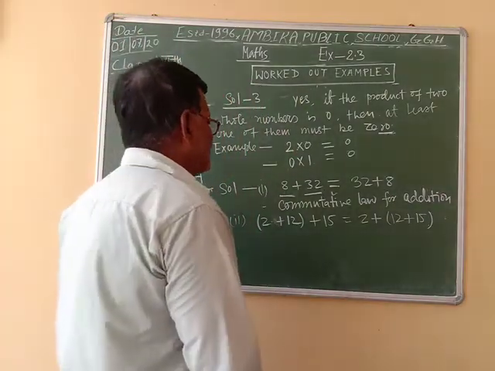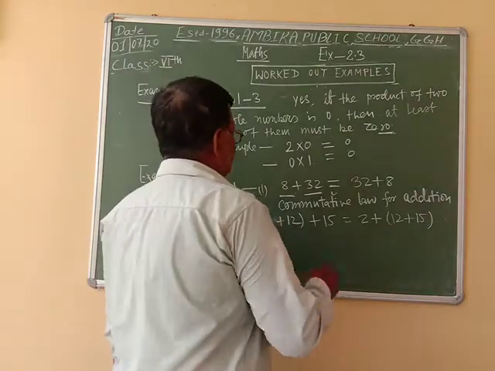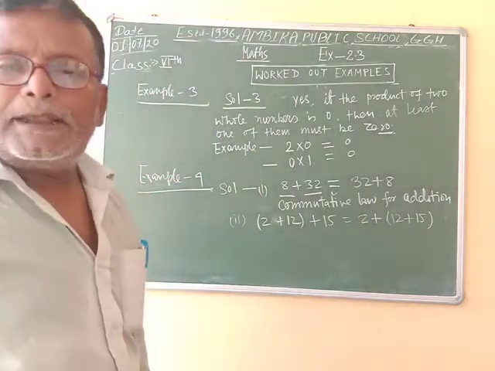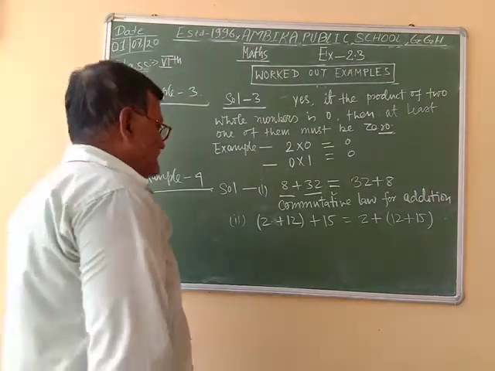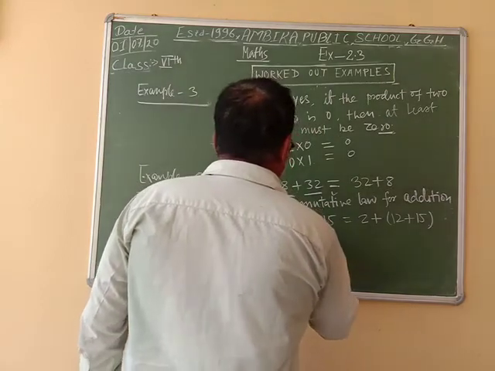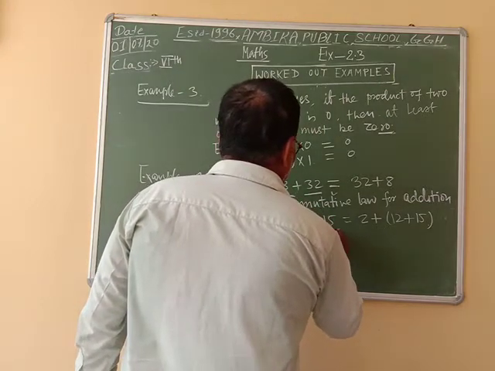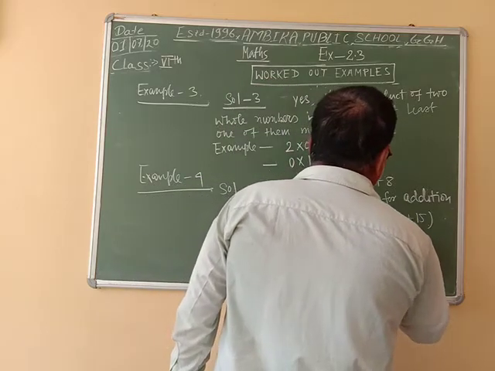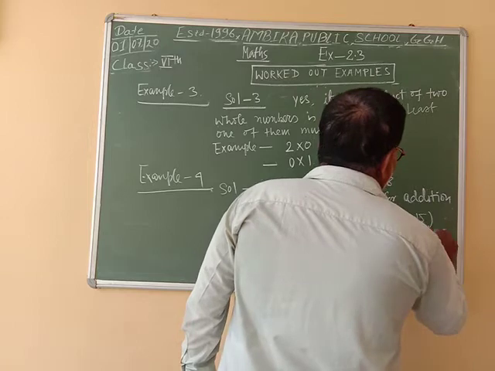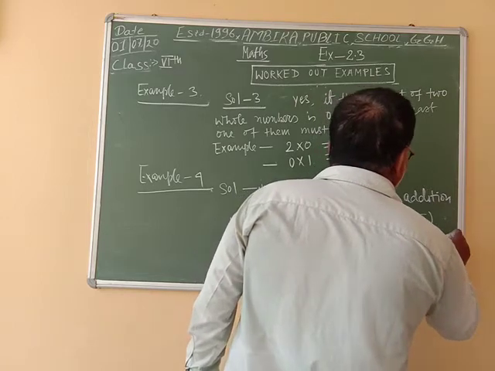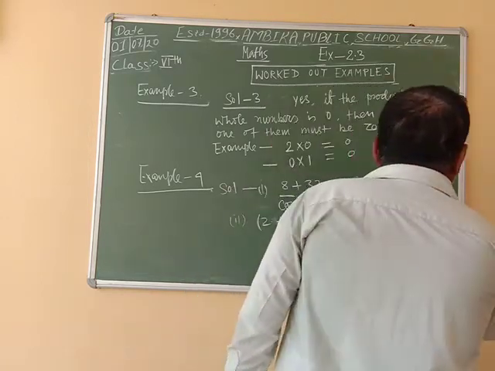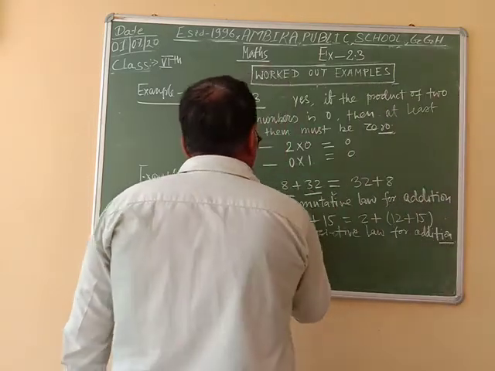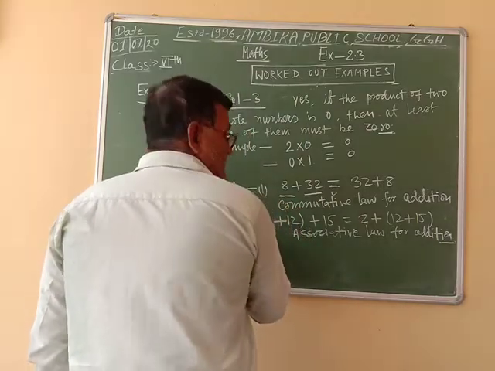You have learned before about the commutative law, associative law, distributive law, and commutative law for addition. Associative law for addition. You have to write only the law, which law verifies this.